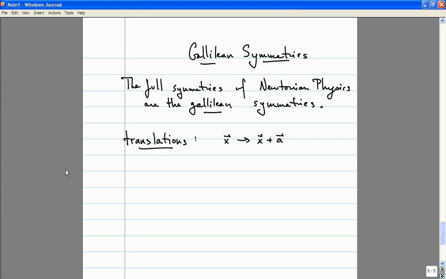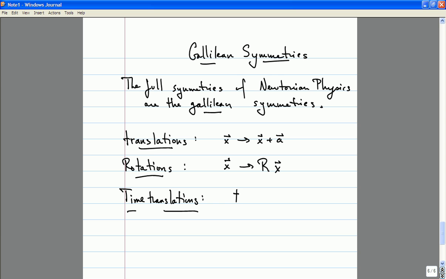There is a rotation symmetry, where vectors all get acted on by these rotation matrices R. There are time translation symmetries, where you take your time coordinate and you relabel it by shifting it by a constant.